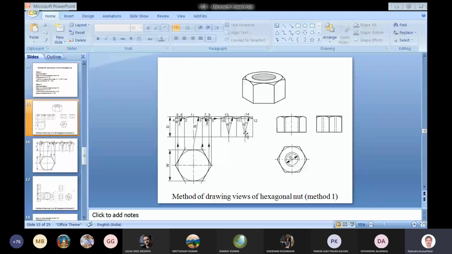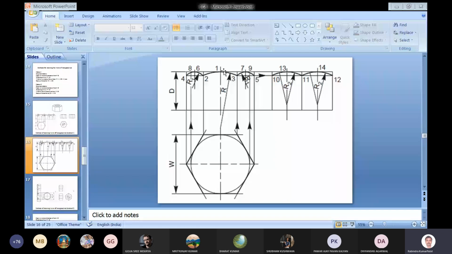If this thickness has been mentioned as D, it means this point 1 we already know. We can mark the center of this arc, which we don't know. We just put one end of the compass on this and mark the center on this vertical line, so we can get the center point.